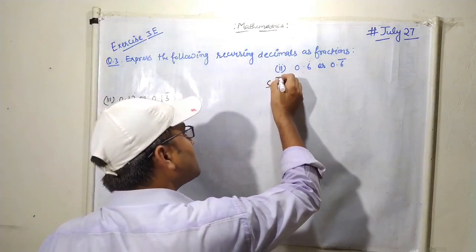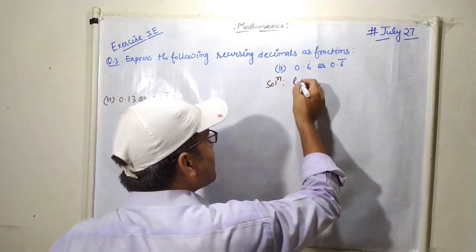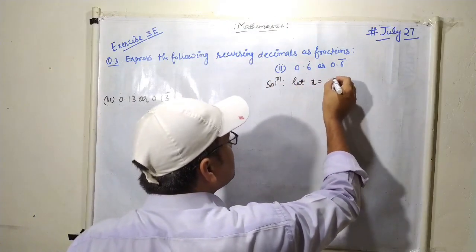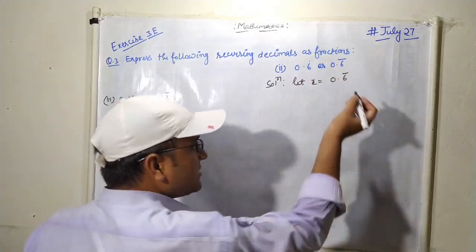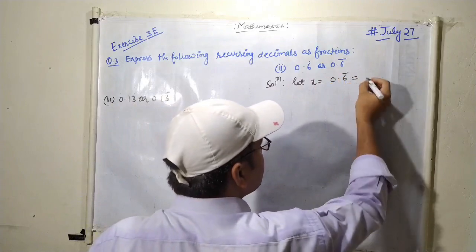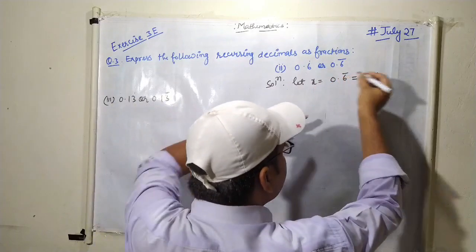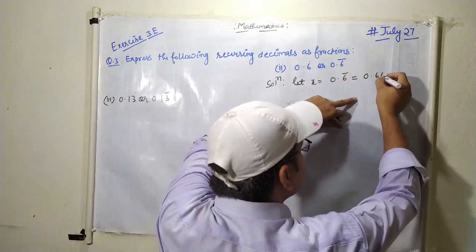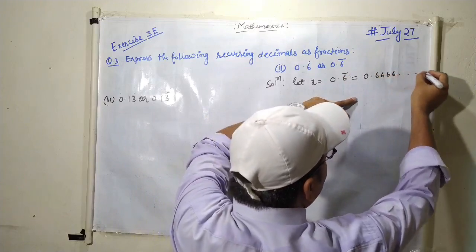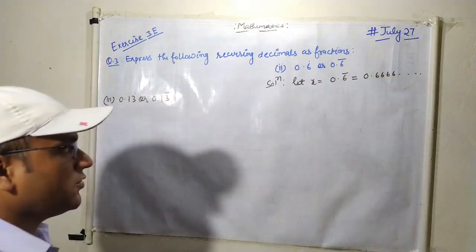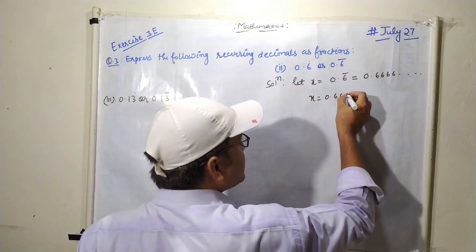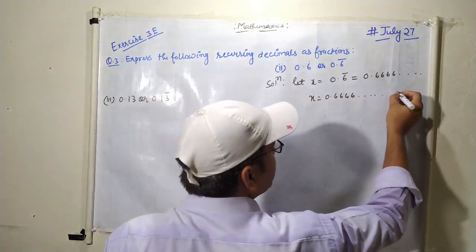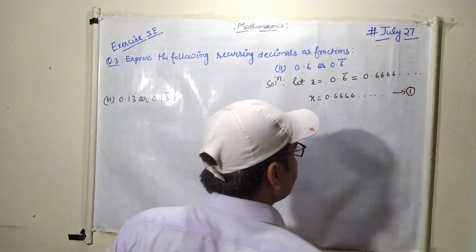In your solution, let x be equal to 0.6 bar. 0.6 bar means 6 is repeating, 6 6 and so on. So x is equal to 0.666 and so on. This is your equation 1.